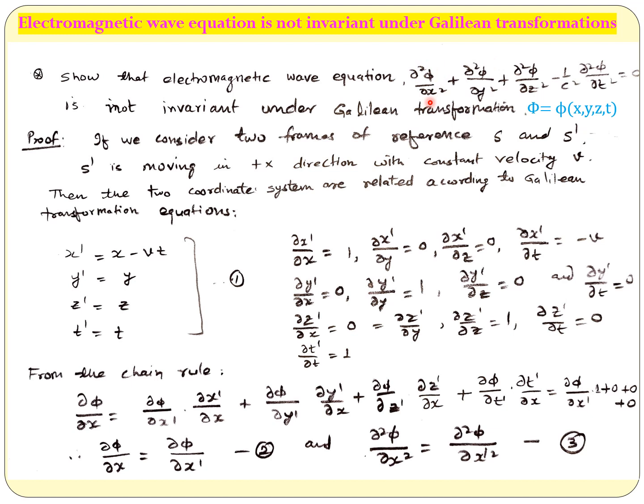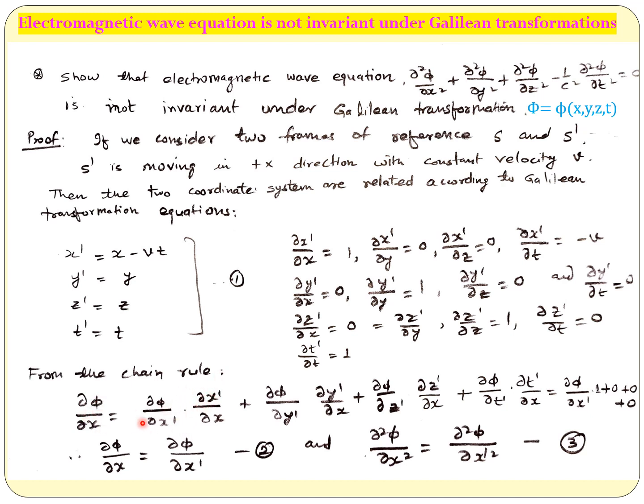So suppose for the first term we want to get delta 2 phi by delta x prime square. For that we need to know first delta phi by delta x, and delta phi by delta x can be written because phi is a function of x prime, y prime, z prime, t prime also. So delta phi by delta x can be written as delta phi by delta x prime into delta x prime by delta x. So it is just the chain rule.